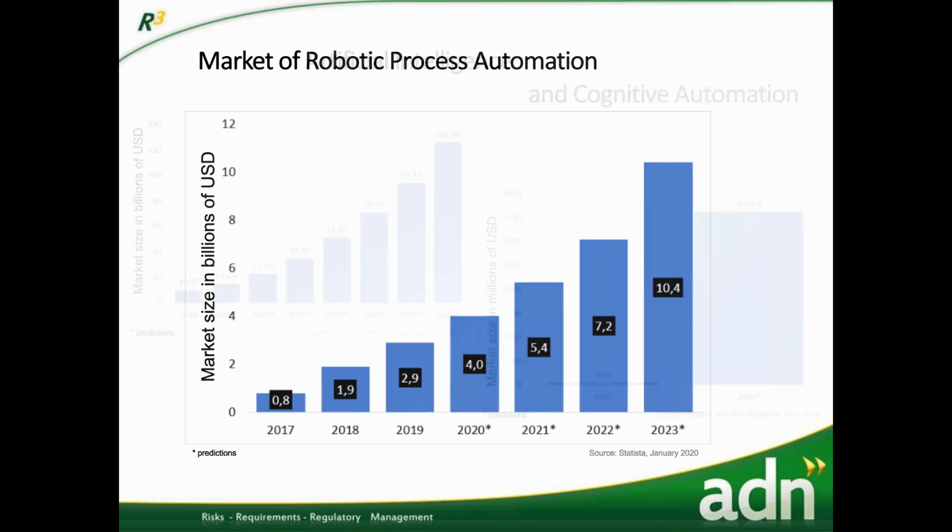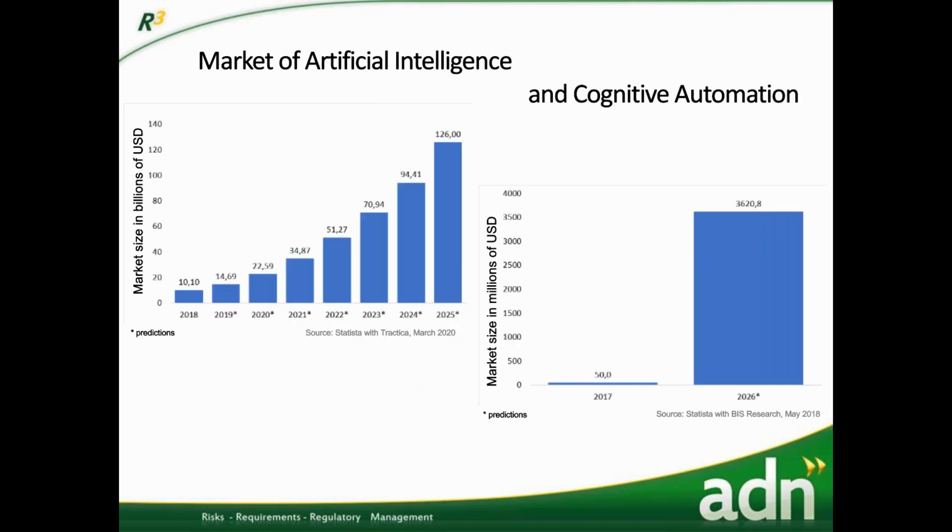The market of artificial intelligence has also followed the same kind of increase, but for the use of this tool in robotic automation with cognitive automation, we just passed from almost nothing to a prediction of a huge opportunity in that area.